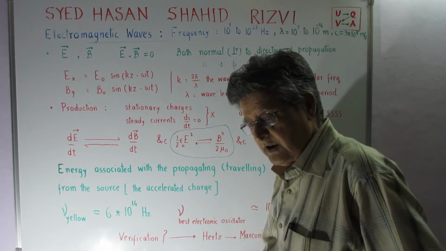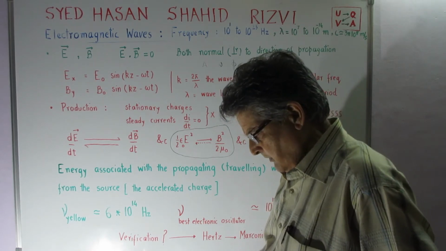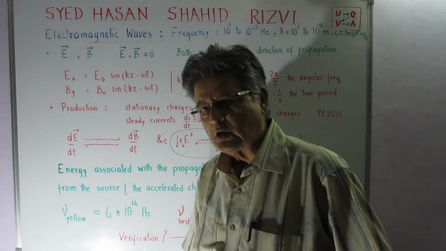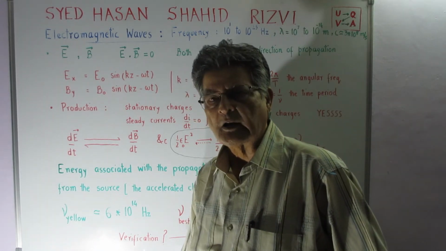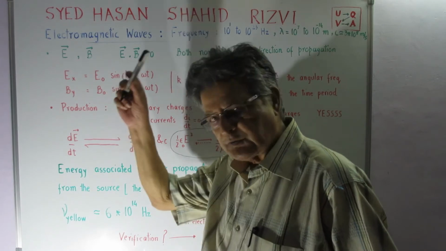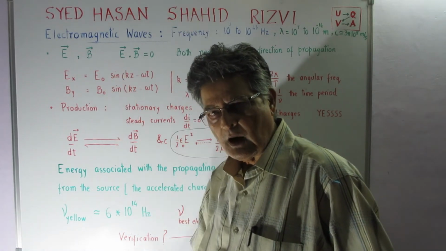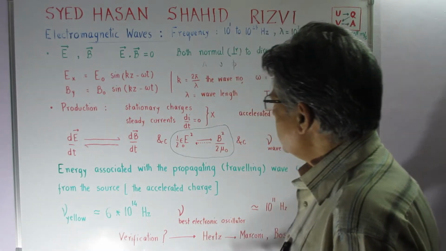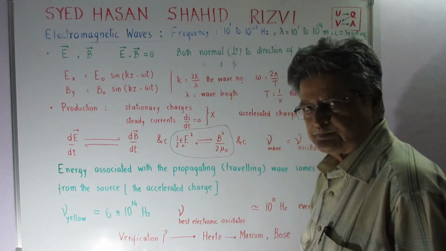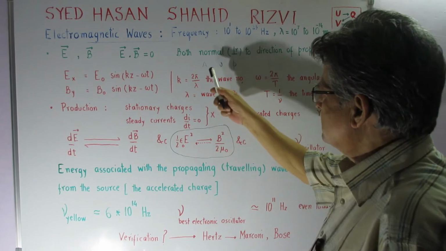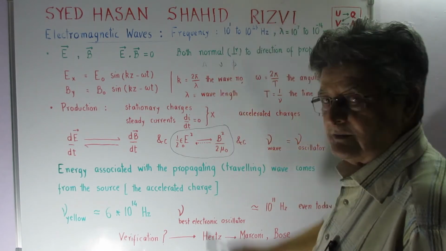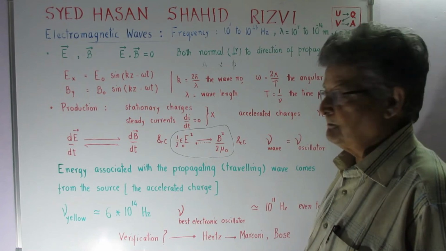And if we have information, say even sinusoidal information, how to communicate it from one place to another, that part we take up at the end of this course when we are talking about communication. So any one of them can be modulated according to the signal which we want to communicate.